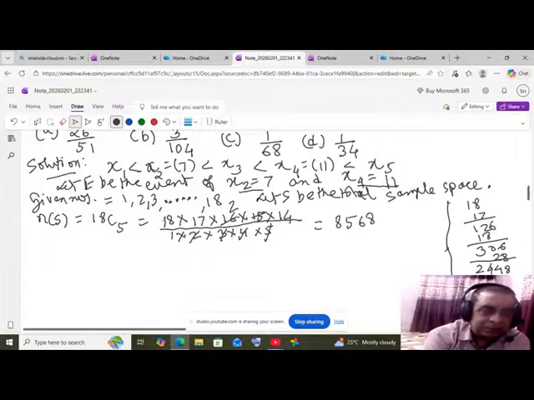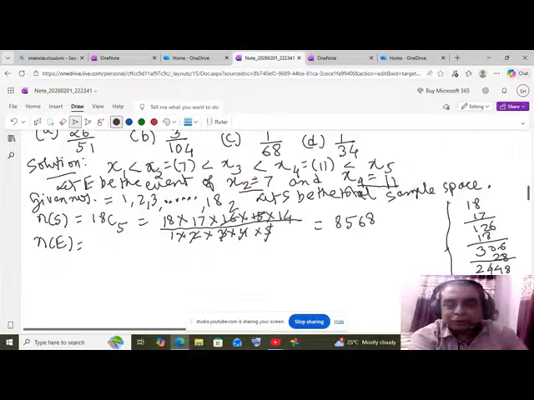There are 6 numbers. So how many ways can the event E be done? See, there are 6 numbers which are smaller than 7 because the x2 value is 7. So x1 can be chosen from 6 numbers from 1 to 6.